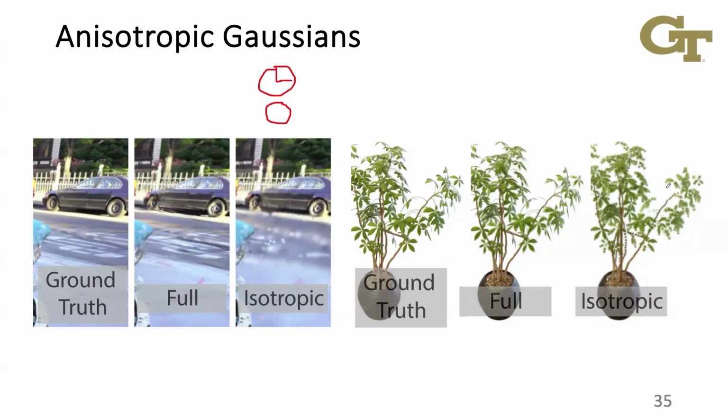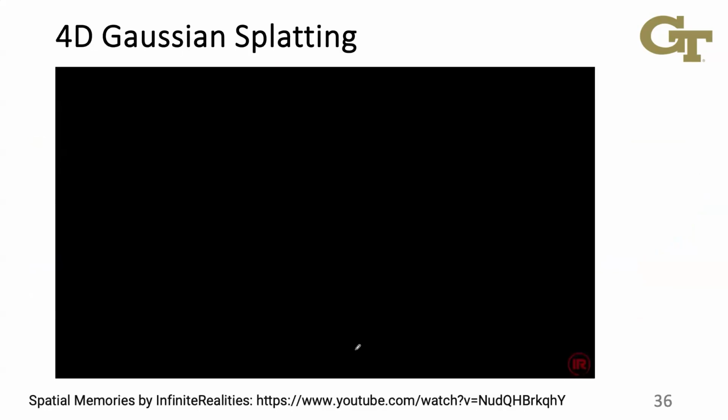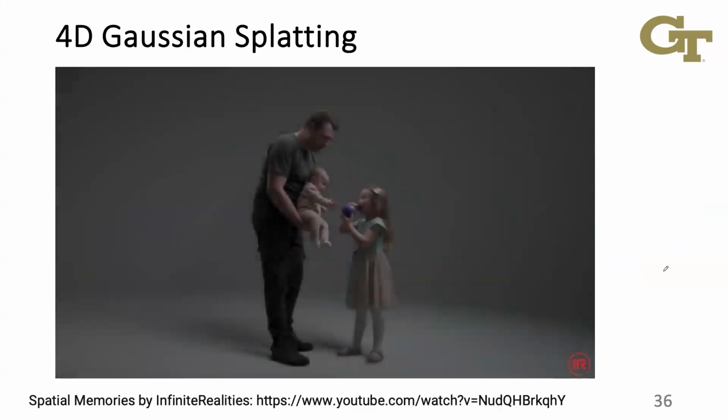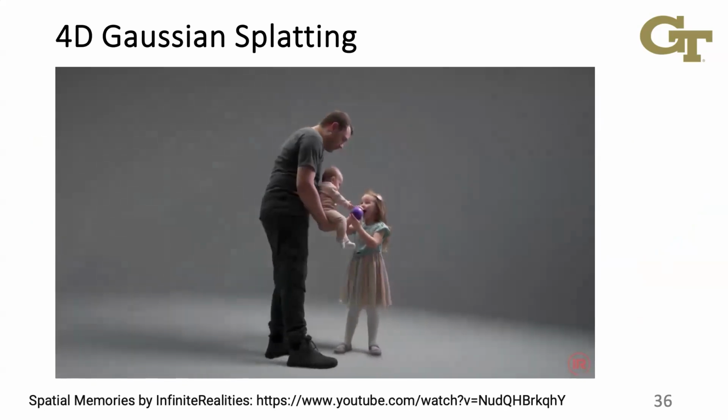Here you can see that these are not that nice. But if they let the Gaussians stretch into a full anisotropic Gaussian, anisotropy means that it's based on which angle you're looking at it from, then it has a nicer result.